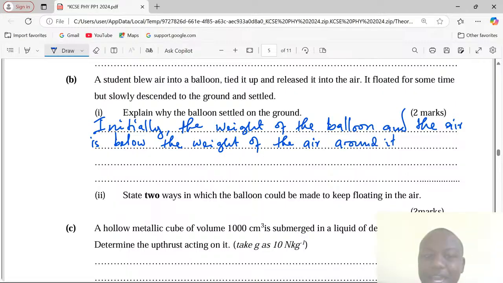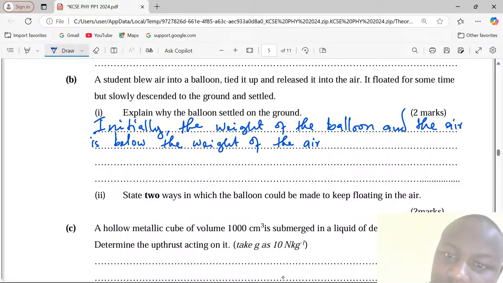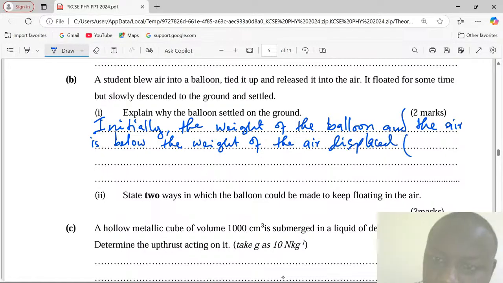That is, the air inside the balloon together with the fabric making the balloon have a weight lesser than the weight of the air displaced by the balloon. In other words, this is upthrust. Now that upthrust is greater than the weight of the balloon, the balloon is going to float.